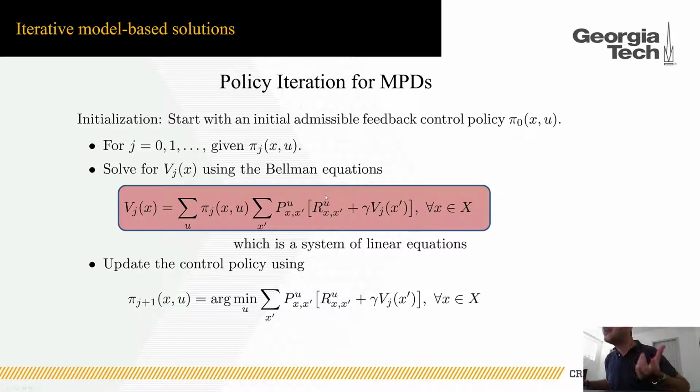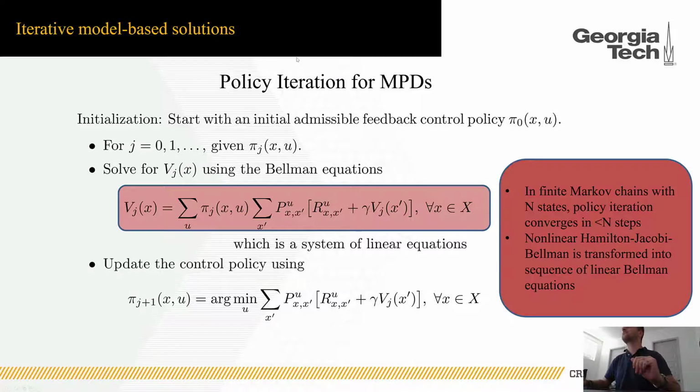Then I update my control policy at the next time instant and I run that recursively. Again, this is the policy evaluation and this is the policy improvement. The policy iteration is to start with an admissible policy. So these are interactions with the environment to solve this linear equation at every step, and then at the next step update the policy and do that recursively.